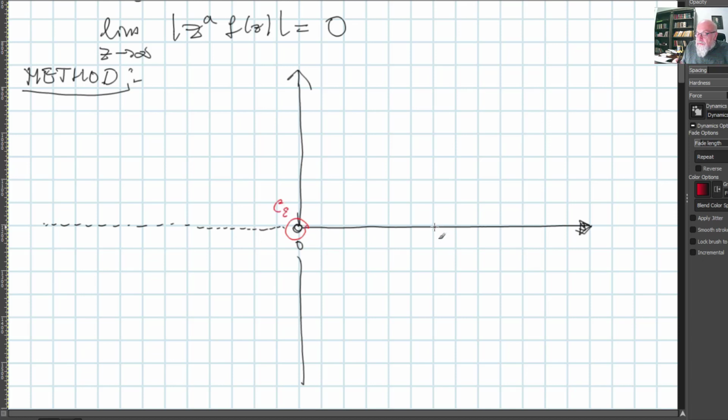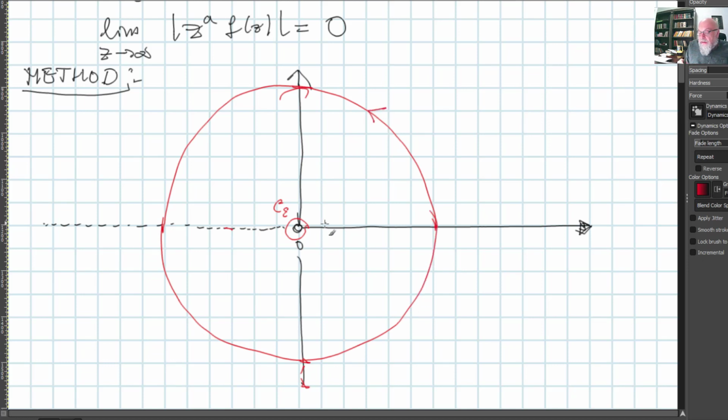And I take a big circle here. So it goes like that. Sorry, maybe I need to be more elegant. That's good. And then we will start integration here.